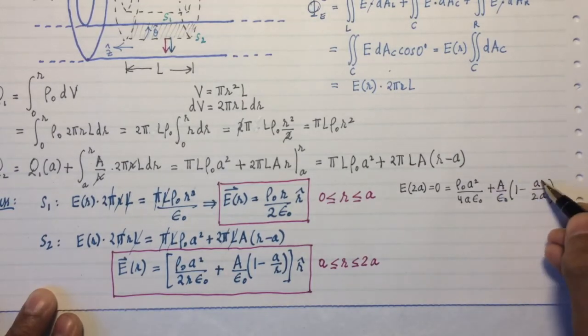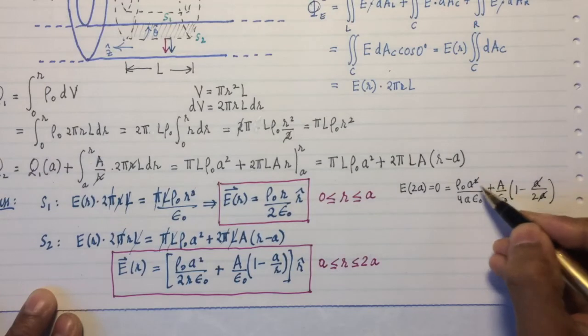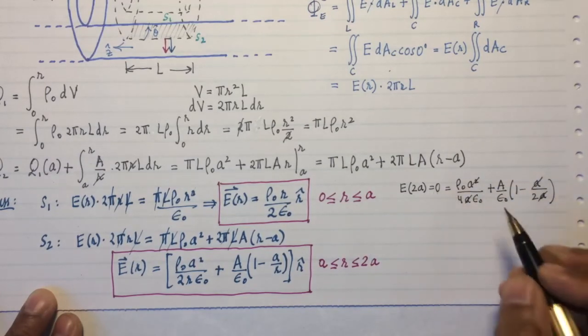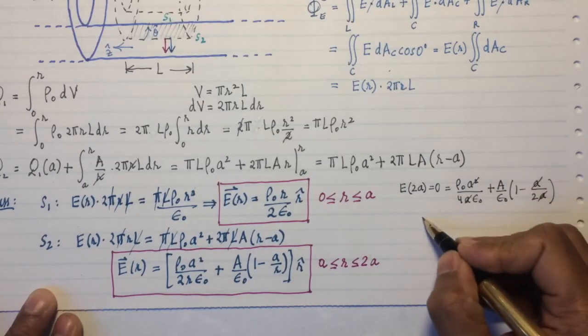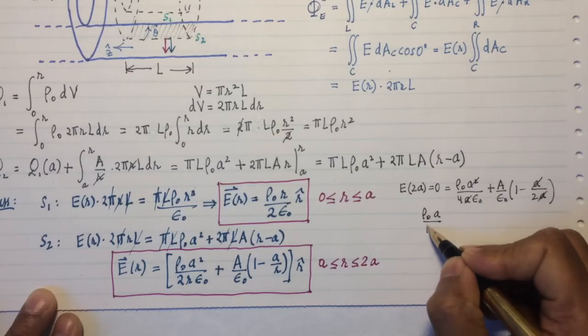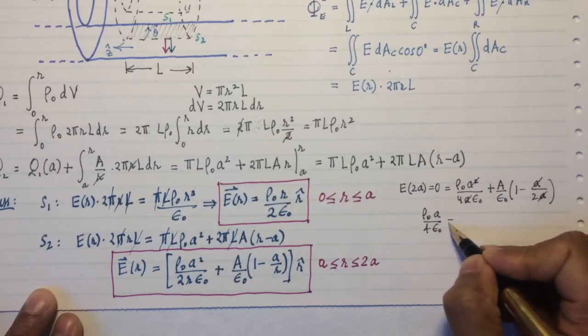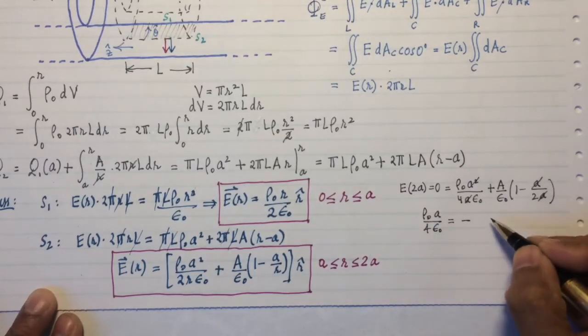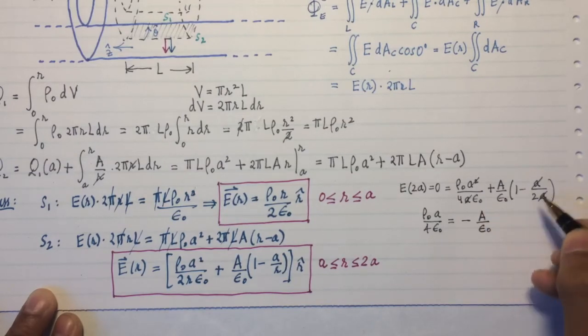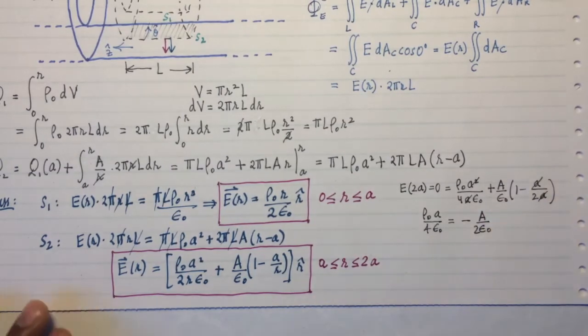There's some cancellation that occurs. The ε₀'s will not contribute because of the 0 here. So I'll end up getting ρ₀a over 4ε₀ equals negative a over ε₀ times 1 minus half, which is also half.